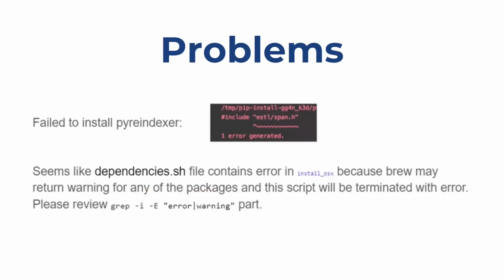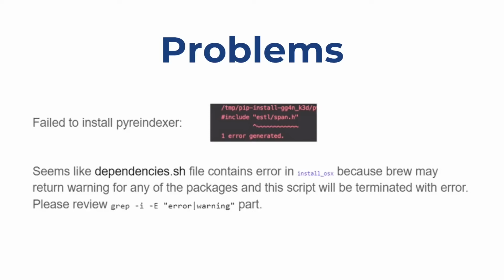So we had several problems while installing Reindex on our machines. The first problem was that we wanted to use PyReindexer to use Reindex, but we didn't succeed in installing it because we had this problem, maybe a problem with the makefile, but we didn't fix it.